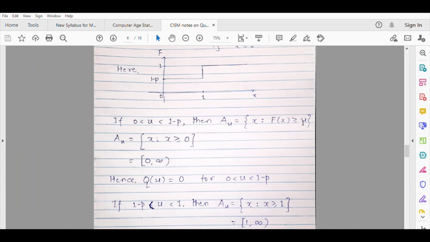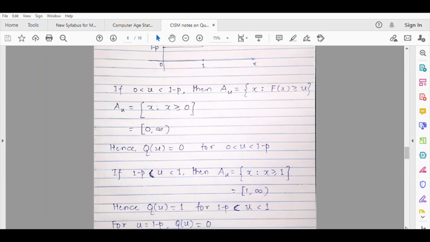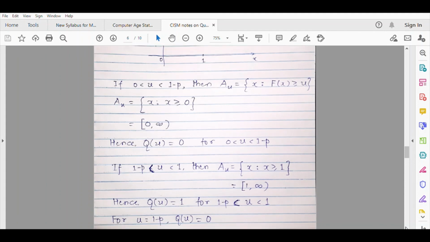But f(x) greater than or equal to 1 will simply mean f(x) is equal to 1, because f(x) can't be greater than 1. So this set simply reduces to the collection of all x such that x is greater than or equal to 1. And so this will be simply the closed interval 1 to infinity, and so as a result q_u will be equal to 1 here.